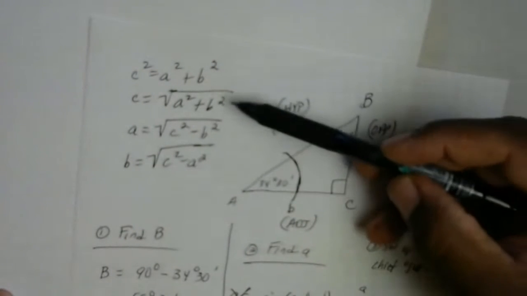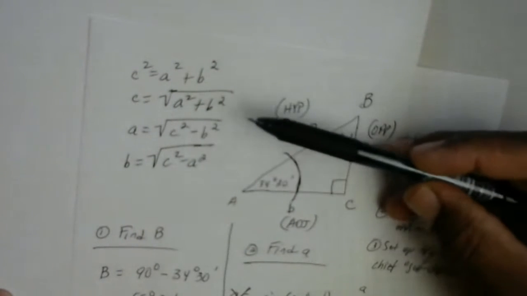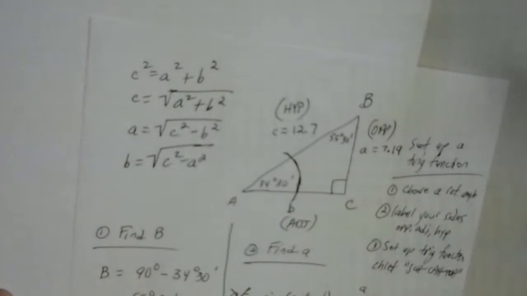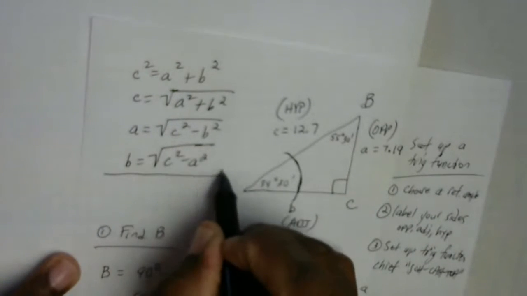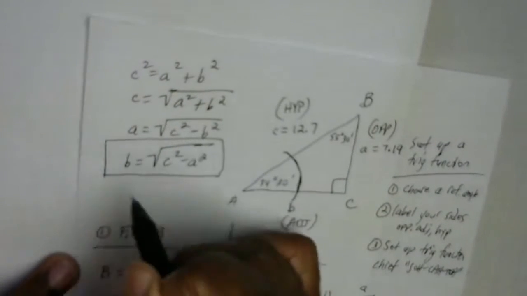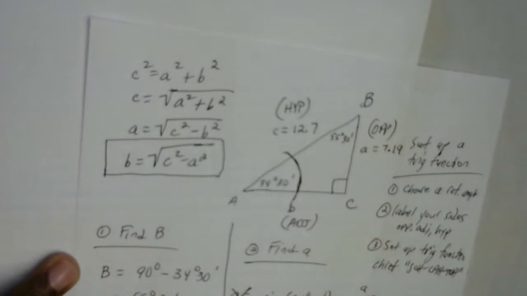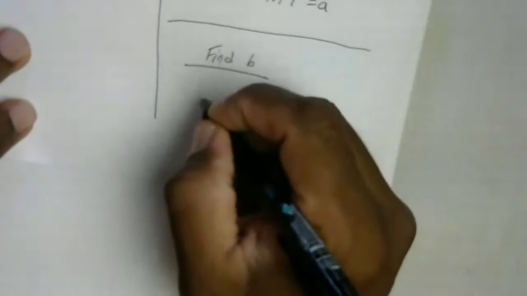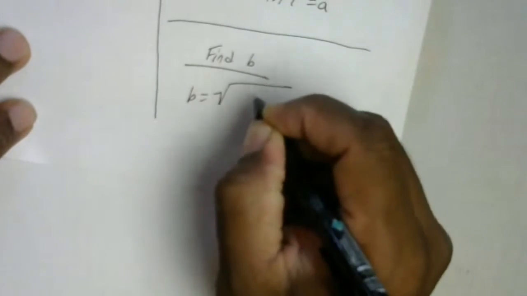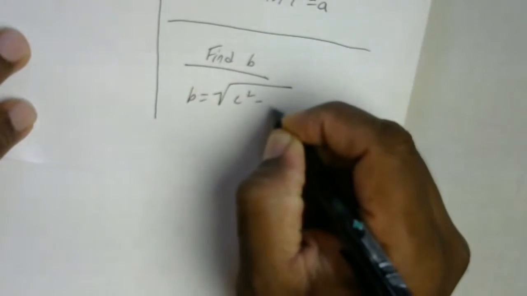All right, so I believe we looked at these formulas. We just had X, Y, and R instead of A, B, and C. So I'm going to use this formula to find side length B. So B is equal to the square root of C squared minus A squared.